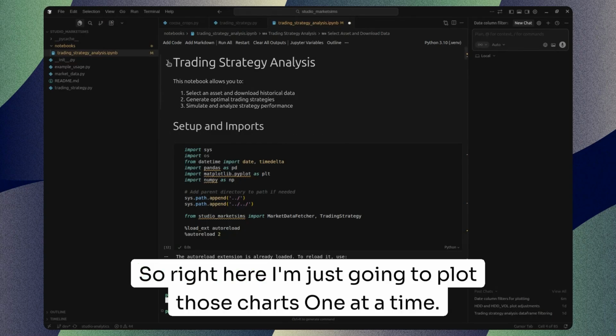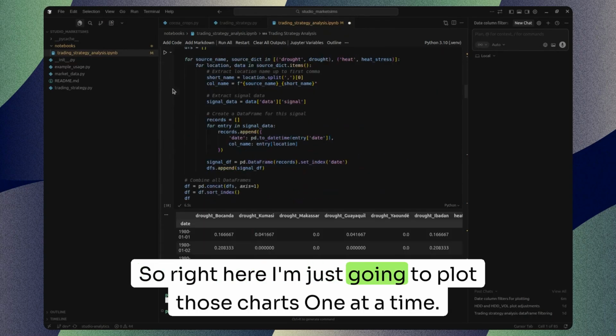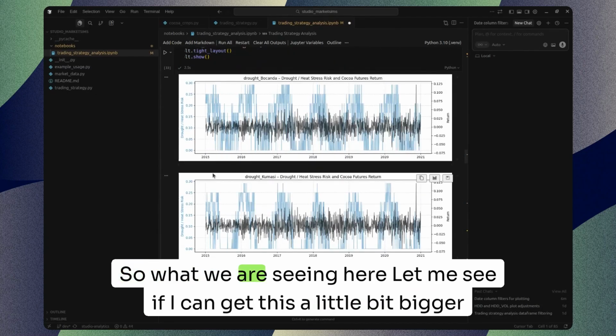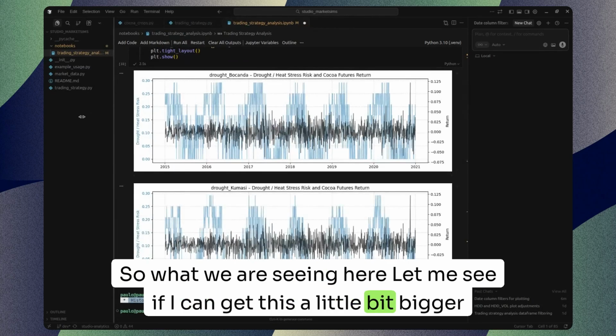So right here, I'm just going to plot those charts one at a time. What we are seeing here, let me see if I can get this a little bit bigger.